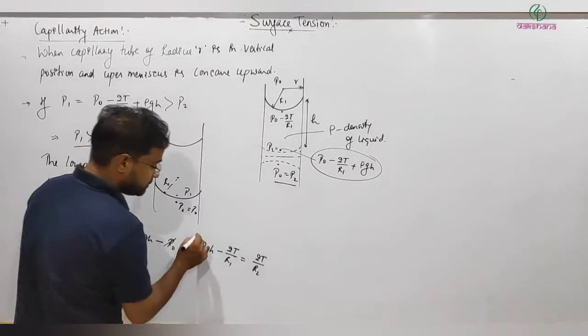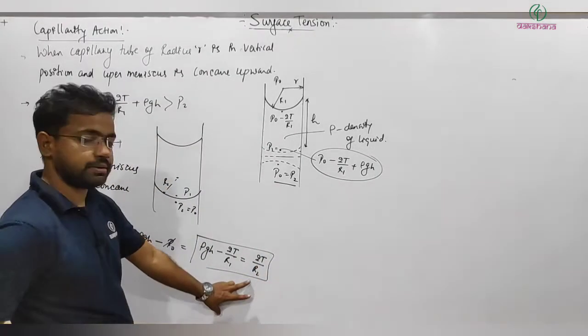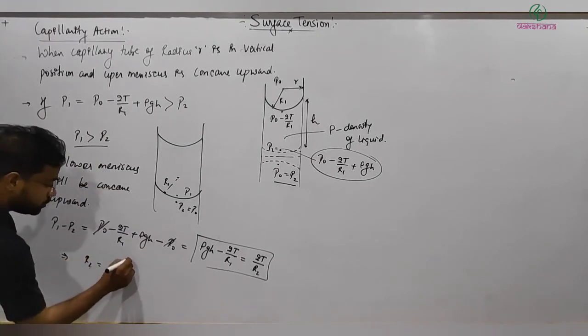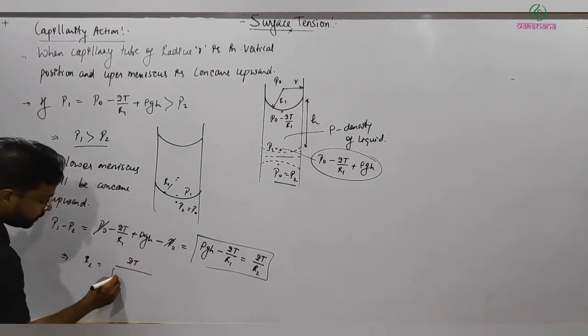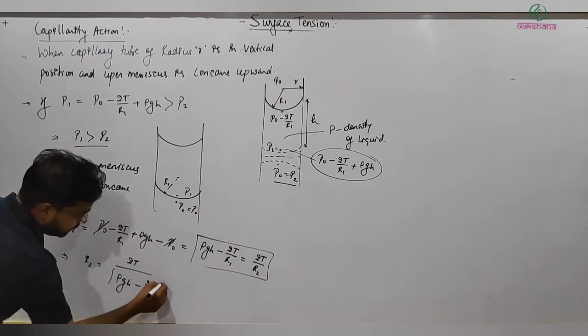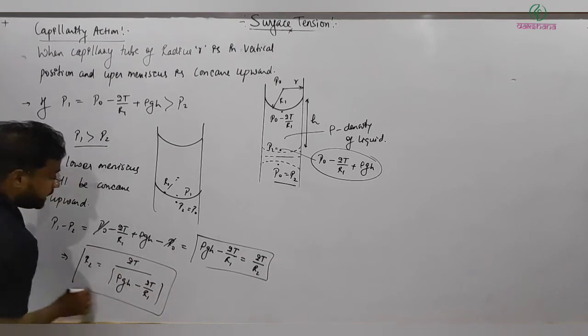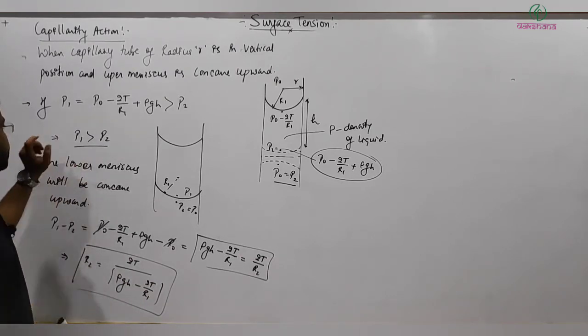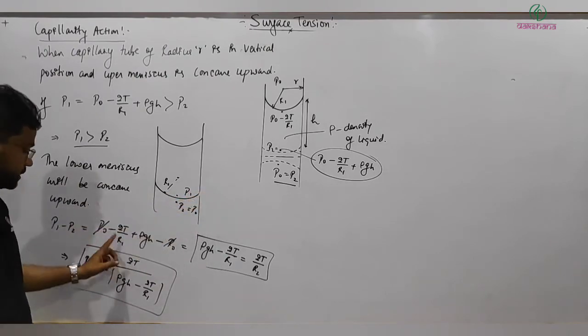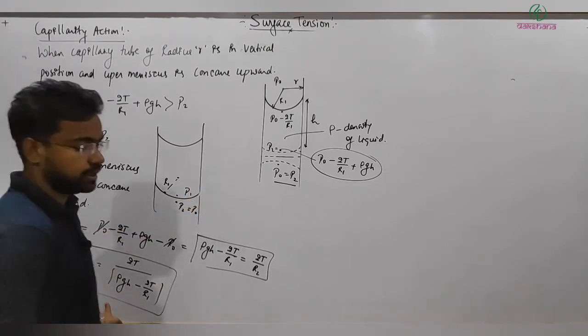So this way we can get the radius of curvature R2, which comes out to be 2T divided by rho g h minus 2T divided by R1. If this condition is satisfied, then the lower meniscus will be concave upward, and the radius of curvature can be given this way.